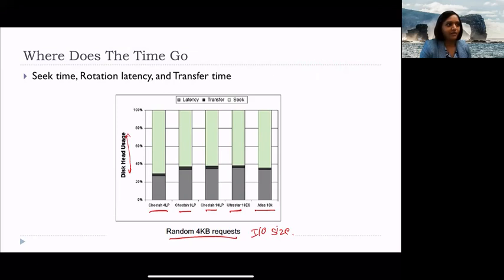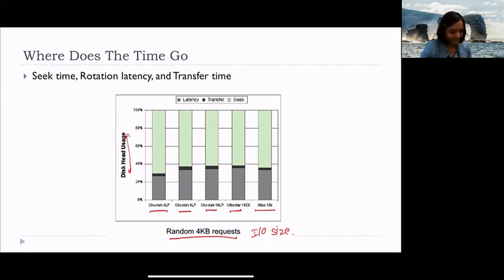The seek time and rotation time are just additional work that we have to carry out in order to do the transfer. But as we see from this figure, unfortunately, the world is not quite as fair as we expect.